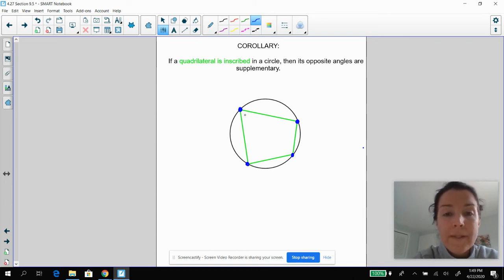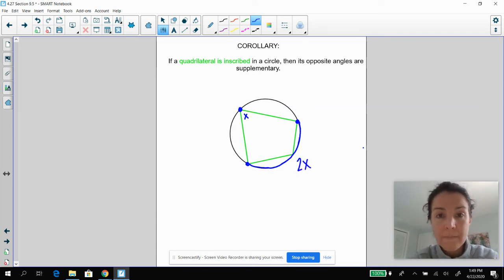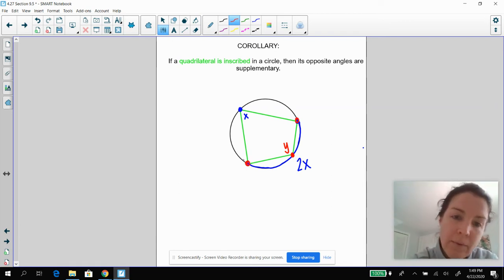So I'm going to call this angle right here angle X. That means that this intercepted arc is going to be 2x. Cool? Now I'm going to call this inscribed angle angle Y. And if I follow the lines of angle Y, here's an endpoint, here's an endpoint.